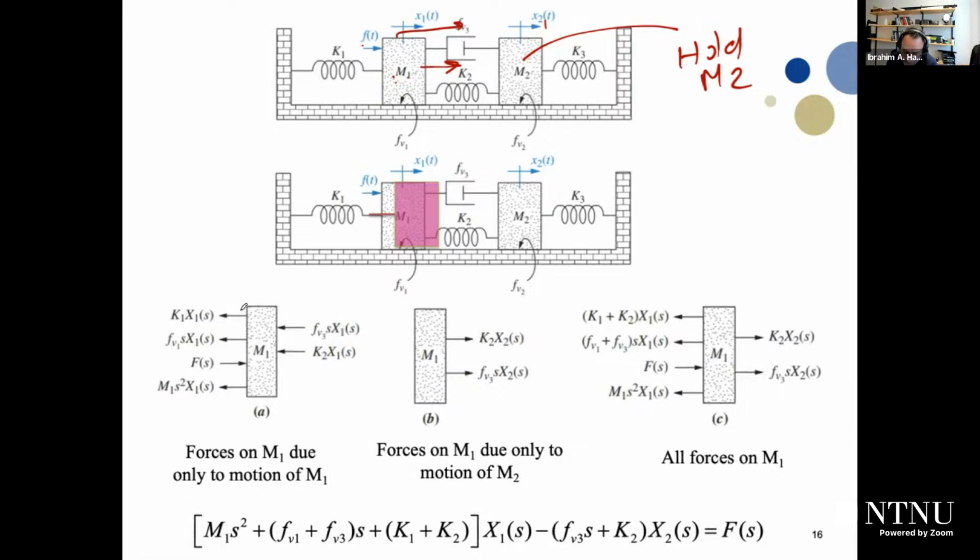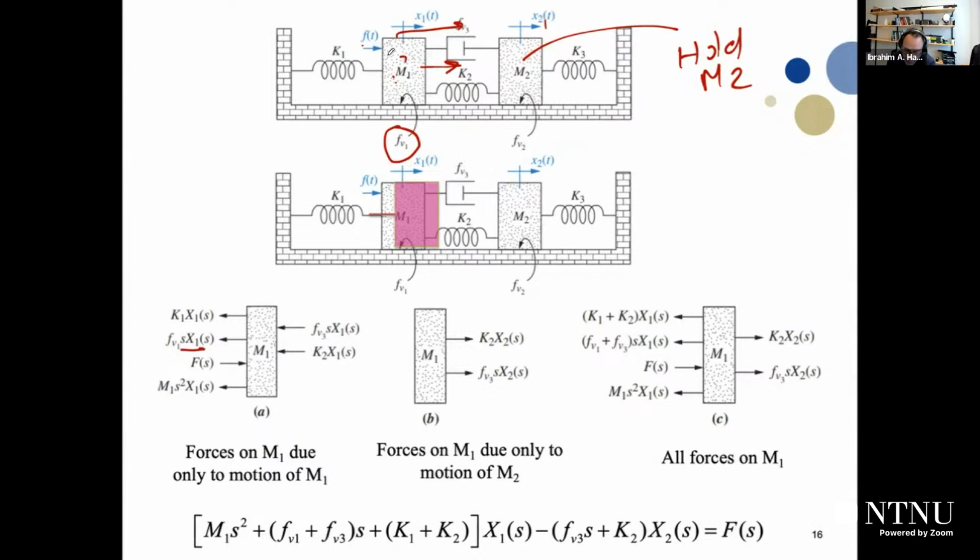It will generate a force in the opposite direction called K1 times X1 of S. So this is number one. And we have this one. It will generate a force which will reject this movement, called FV1 multiplied by the speed of M1. So it will be FV1 multiplied by S, X1 of S.